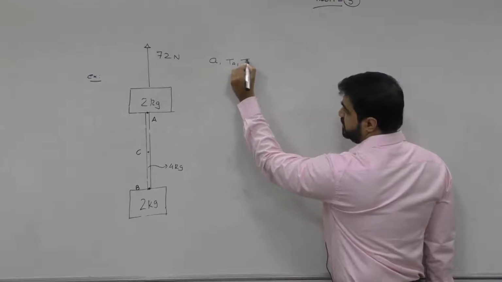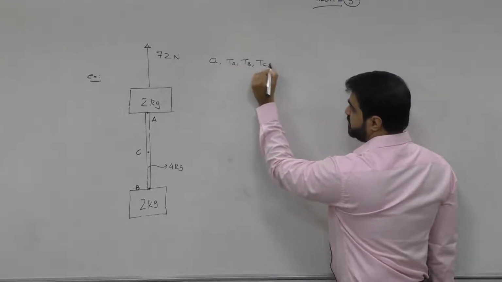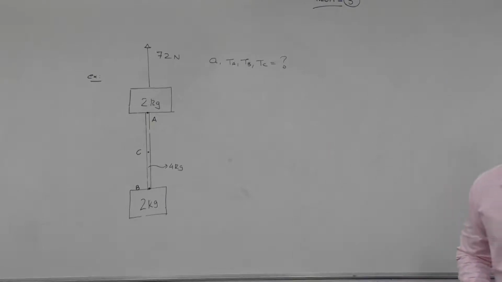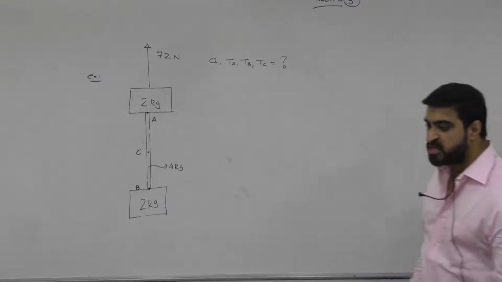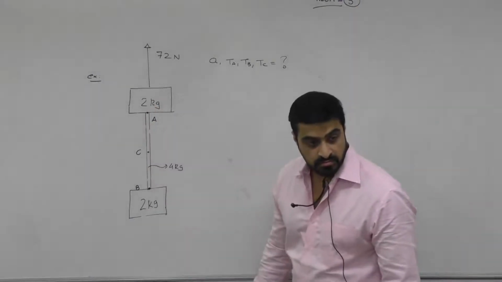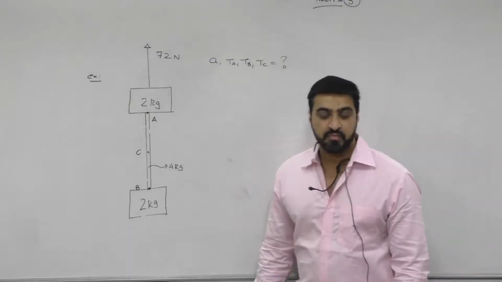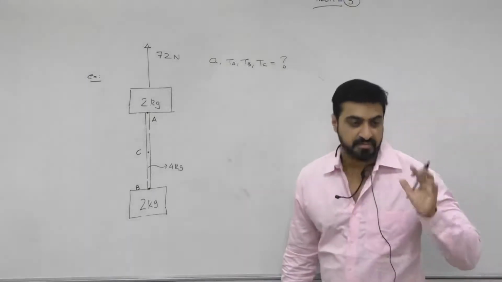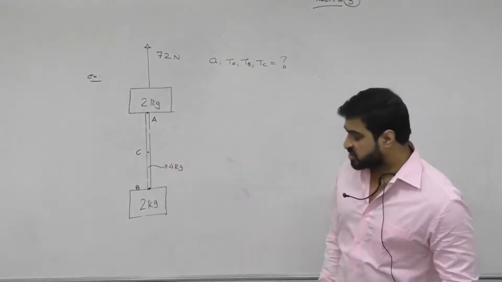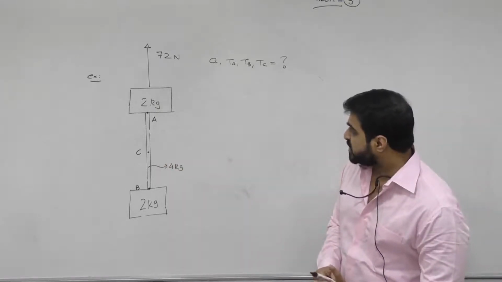Tension at A, tension at B, tension at C. The rope is not massless. The rope is having a mass of 4 kg. So we know that at every point tension will be different. How? We'll see. First I'll find out common acceleration of the system.